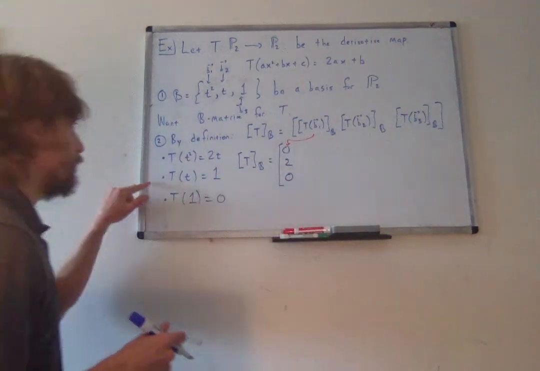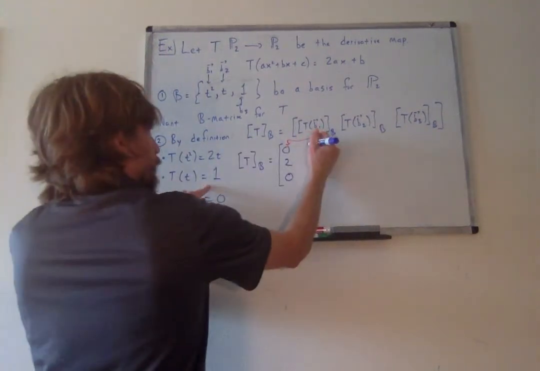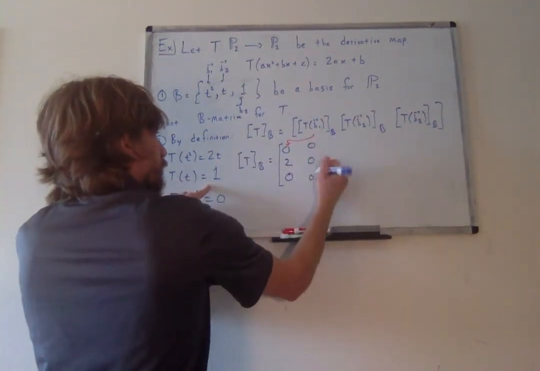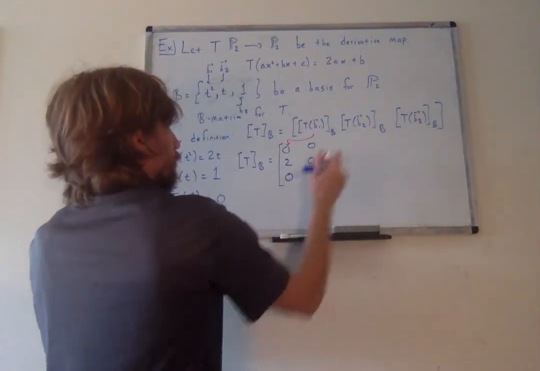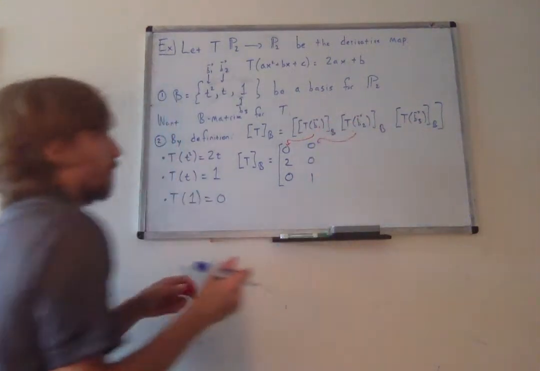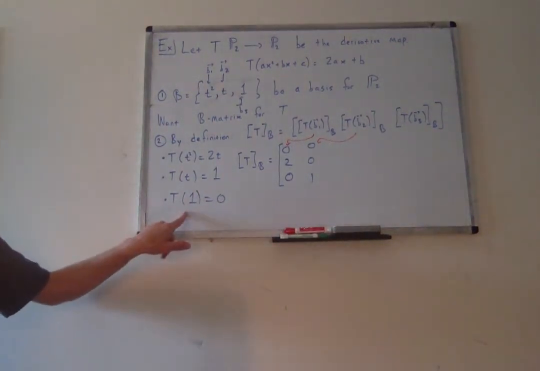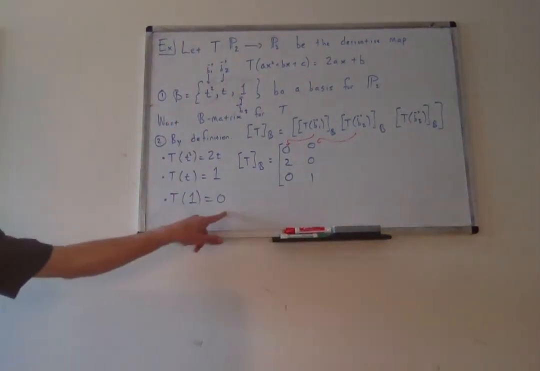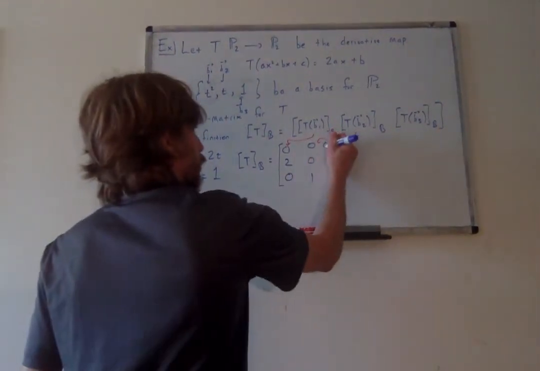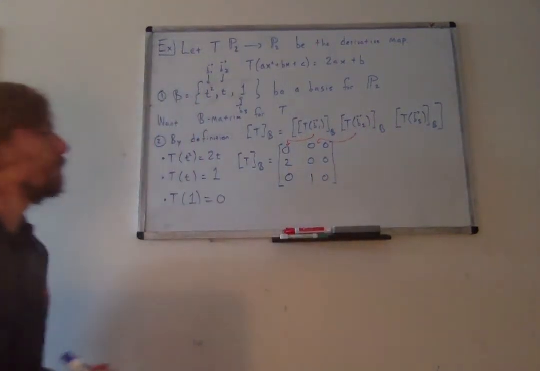Next, T of B2, which I've labeled as 1, or t. Its image is represented by the vector 0, 0, 1. And finally, T of 1 is just equal to the 0 vector, so its coordinate representation under this basis is 0, 0, 0.